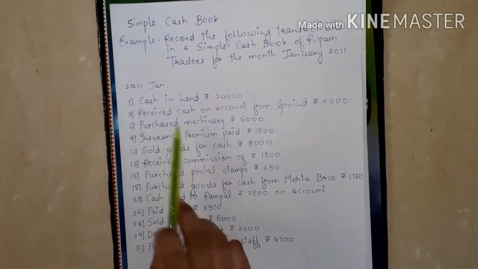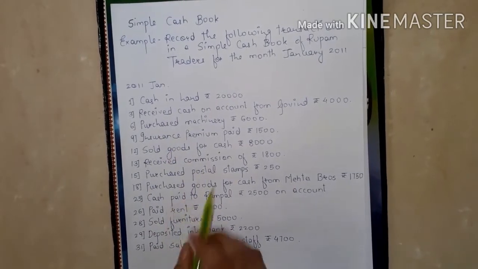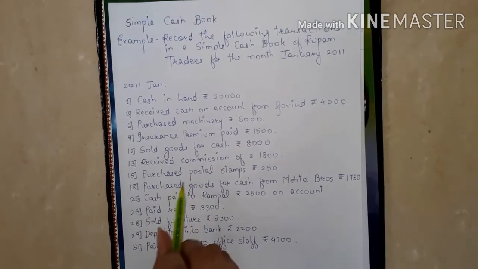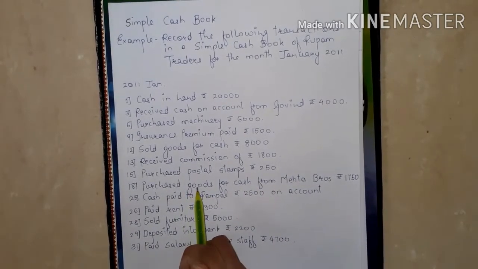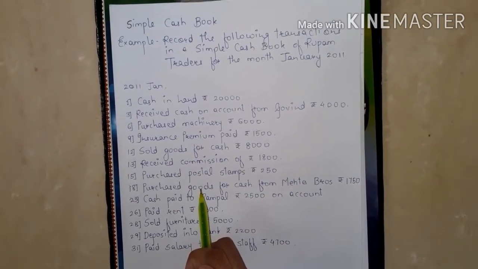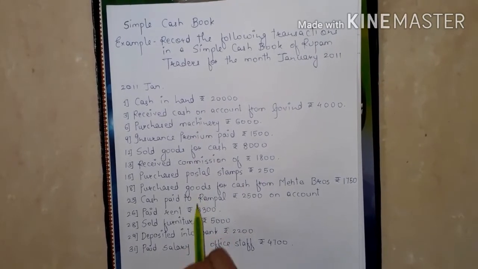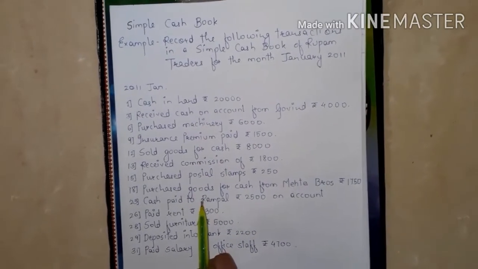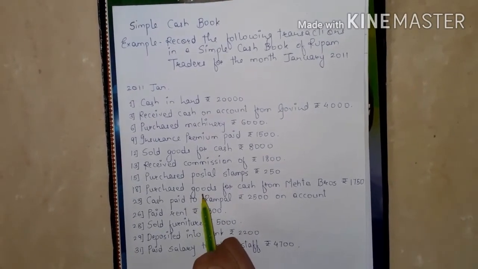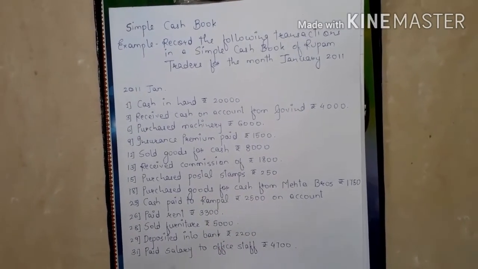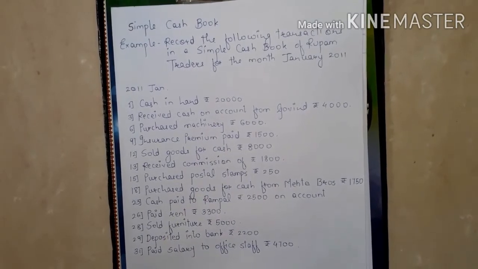Just as I told you about sold goods for cash, here you have to consider it in the sense of purchasing. We have purchased goods from Mehta Brothers and immediately paid them the amount of rupees 1,750. So that is called purchased goods for cash.